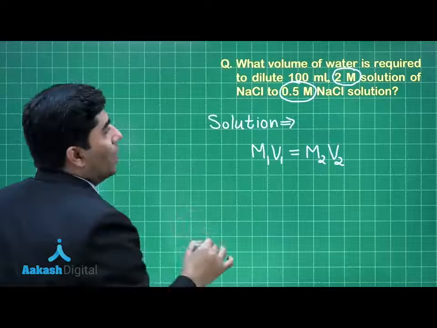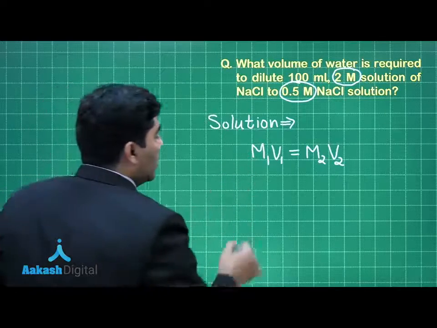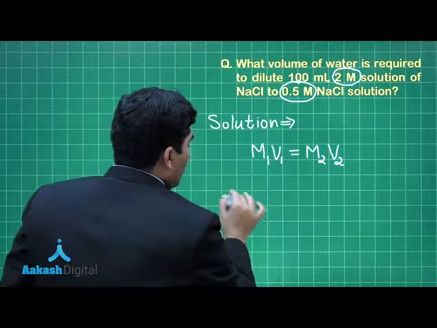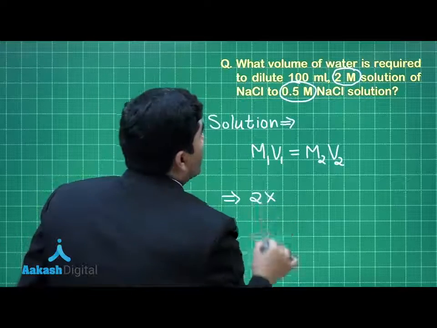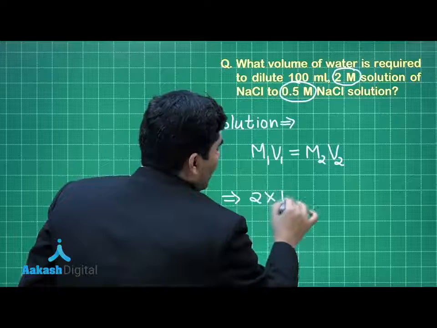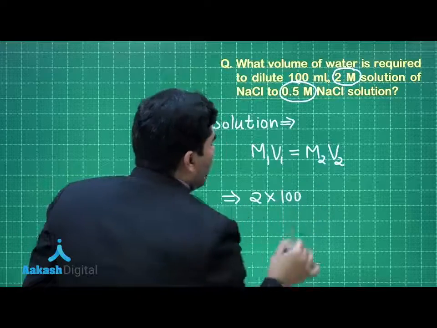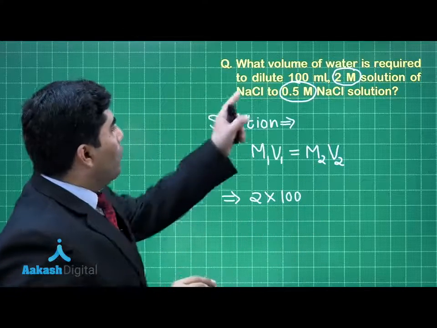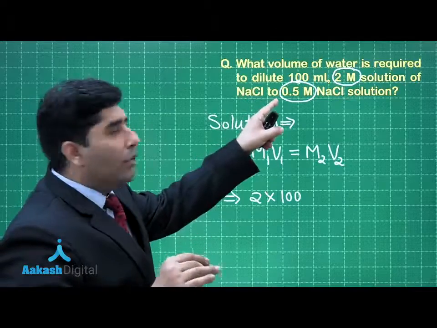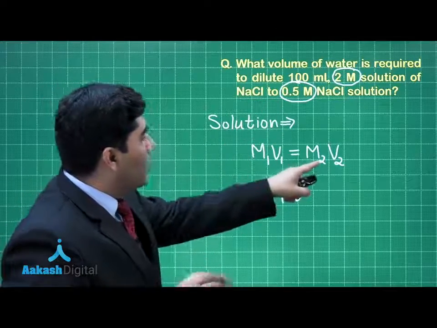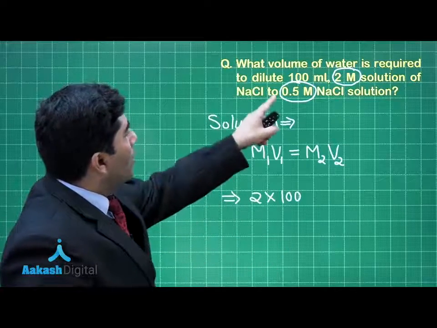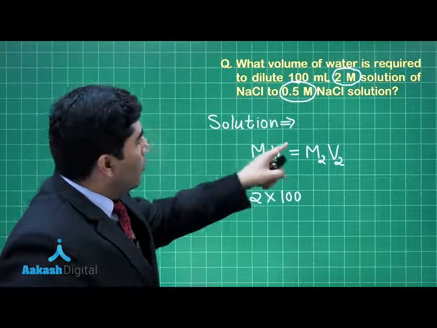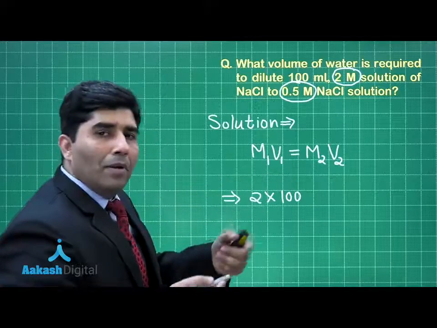Now, what is the value of M1? That is 2 molar. So it is equal to 2 multiplied by V1, which is 100. One more thing I want to tell you: if you convert 100 ml to liters, you will get the value of V2 in liters, or if you put it in ml, you will get the value of V2 in ml only.